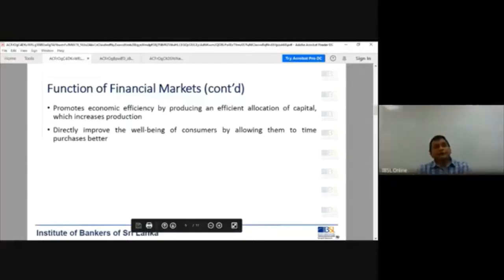Then the financial markets help to improve the well-being of consumers. You, me, everyone else are consumers of financial markets. They help us to purchase time better. When I say purchase time better, you probably try to understand what this is.